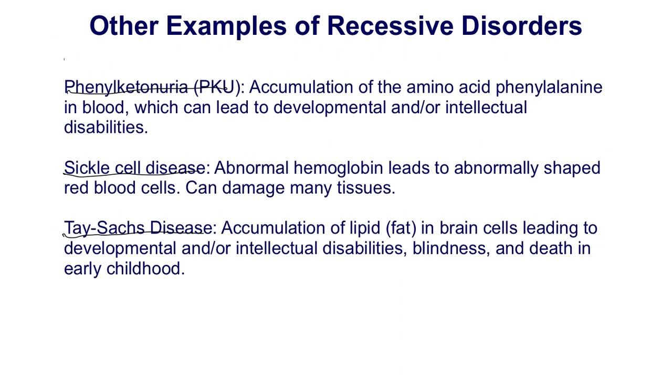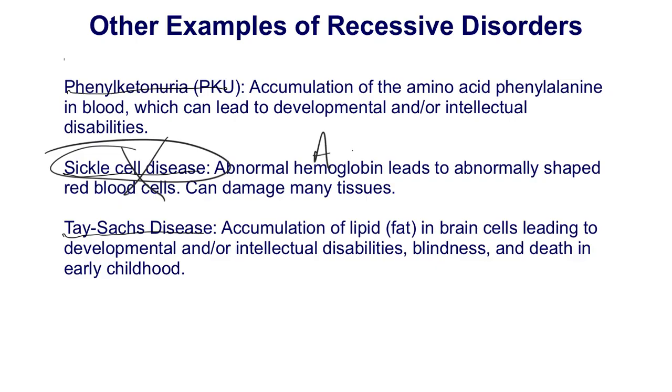Here are other examples. Even sickle cell anemia is a recessive disorder. I kind of think of it, like I said before, as an incomplete dominance issue, but really that's kind of iffy because you don't form equal amounts of normal and abnormal hemoglobin.